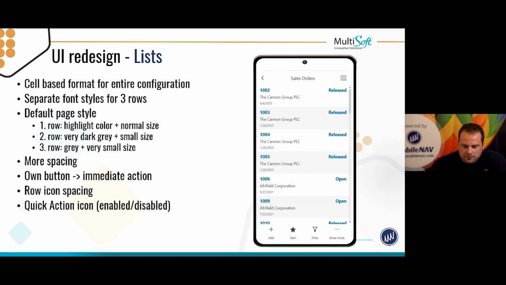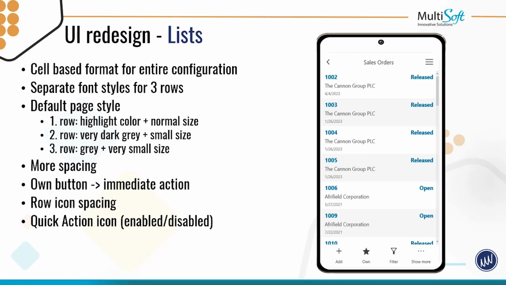The list, as promised, we have done the biggest work where we have basically configured the cell-based format across the MobileNAV base configuration. So now we are really using the previous feature, which has been introduced in 8.0, I believe, where you can have a 6-cell-based line format. Each cell can have its own font style.